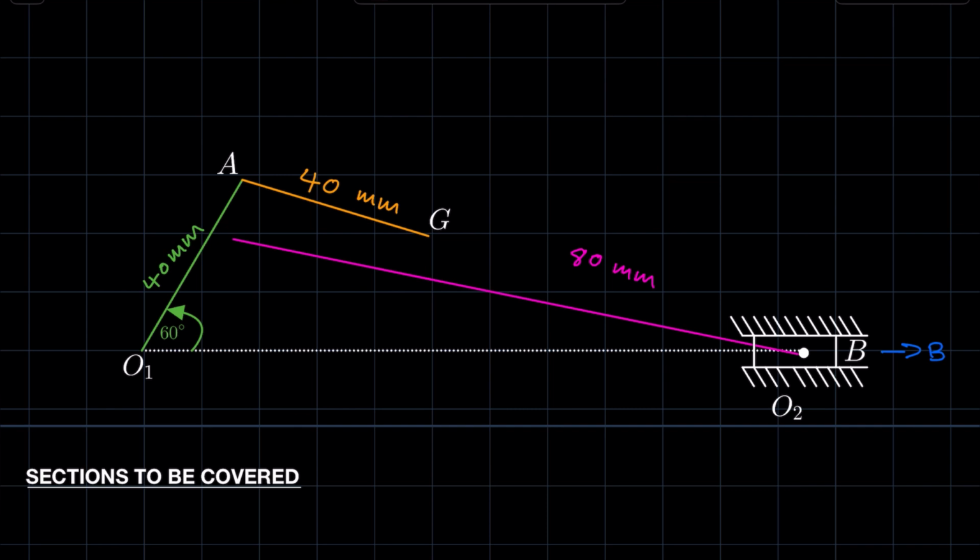So slider B only translates, meaning it moves in a straight line. Now, seeing that the slider B is horizontal, the motion of slider B will either go to the right or to the left, the positive X direction or negative X direction.